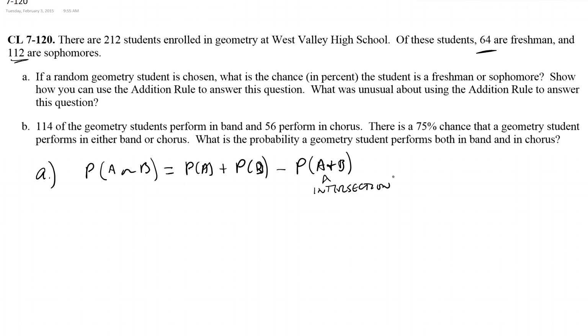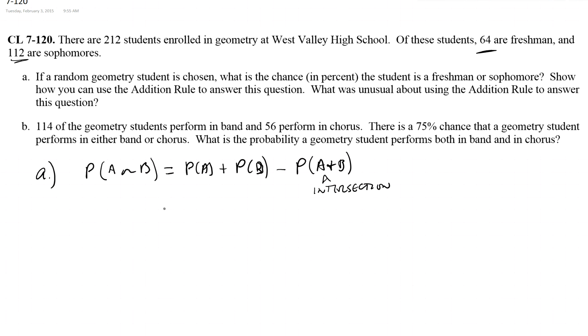But in this particular question for A, we're talking about freshmen and sophomores. Is a sophomore going to be a freshman, or is a freshman going to be a sophomore?